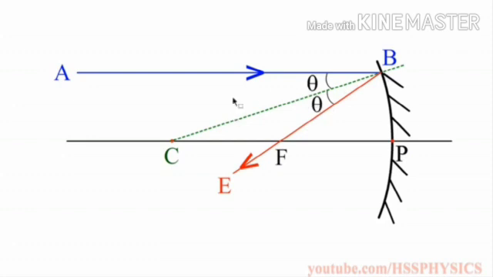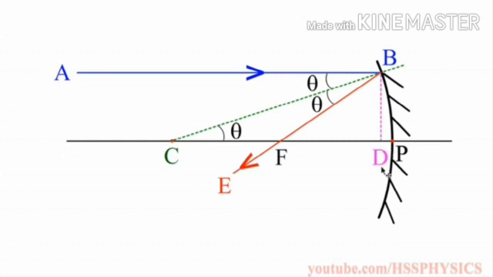That means the angle between the normal and the reflected ray is theta. Already we know the law of reflection: i is equal to r. So here we can write both the angles are equal. Angle of incidence is theta, angle of reflection is also theta. And this angle BCF is also theta.